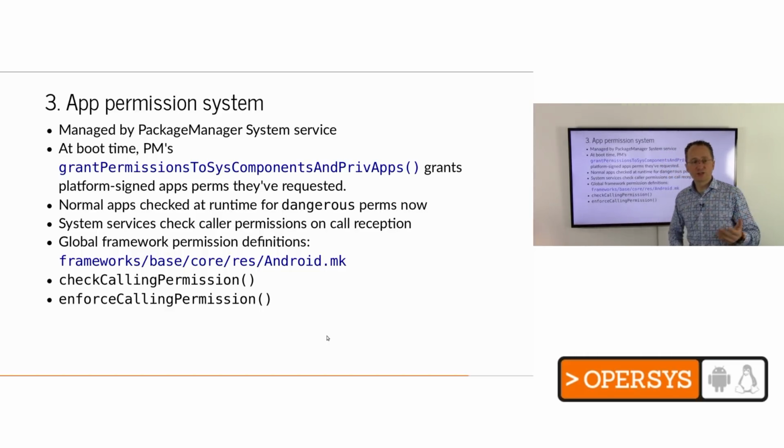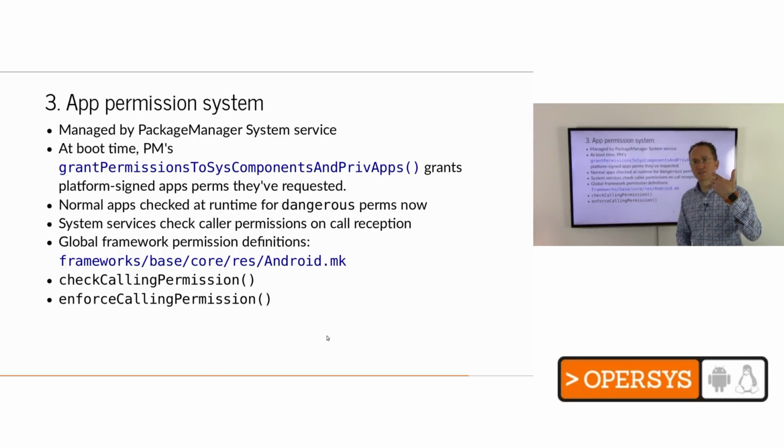It is the authority about the signature of all apps. And effectively, there is a bunch of code inside the framework that is going to check the signature of the caller, right? So check calling permission, enforce calling permission.